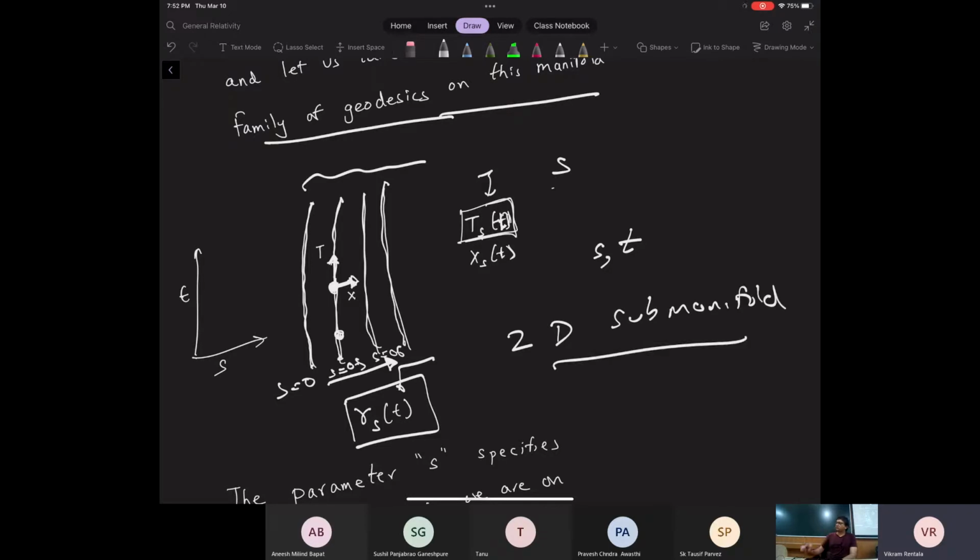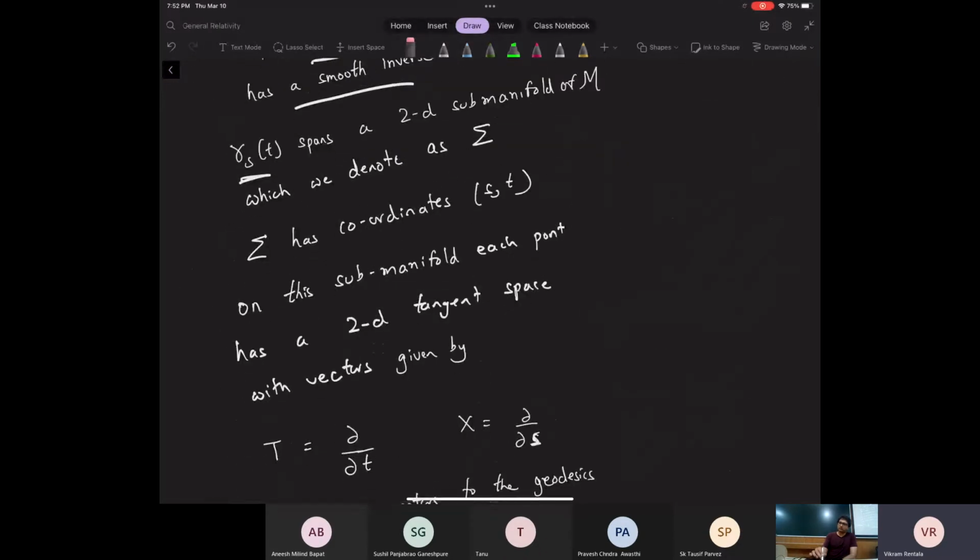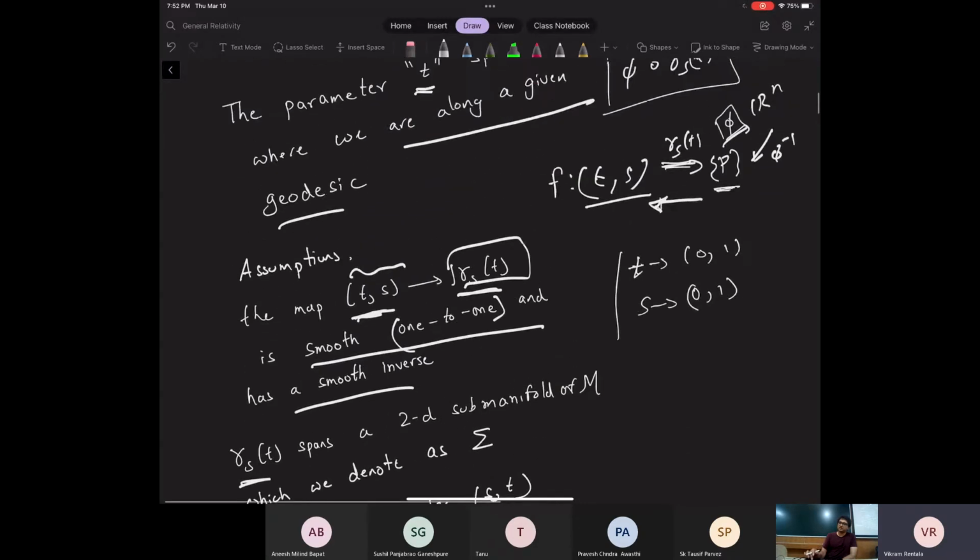Because it's a one-parameter family of geodesics. We'll denote that 2D submanifold as sigma, and sigma has coordinates. We can think of this reverse map as assigning coordinates to the points P. It's only assigning 2D coordinates, which is sufficient as long as you're talking about points on these geodesics.